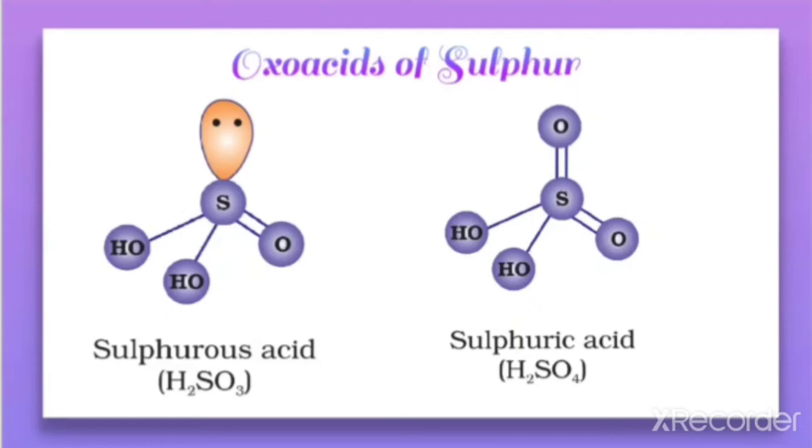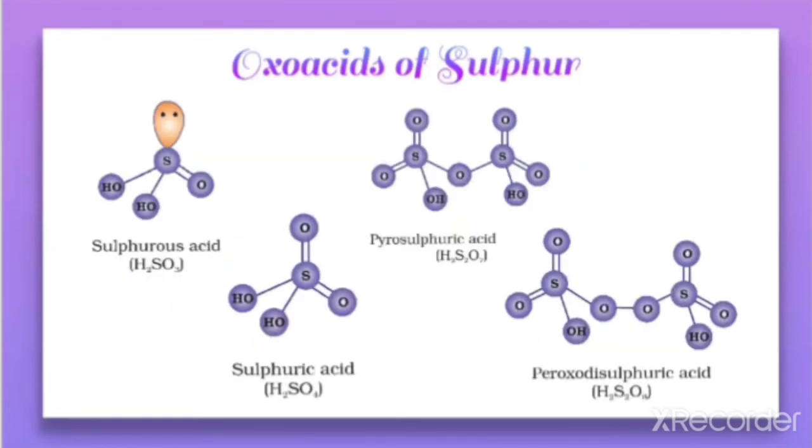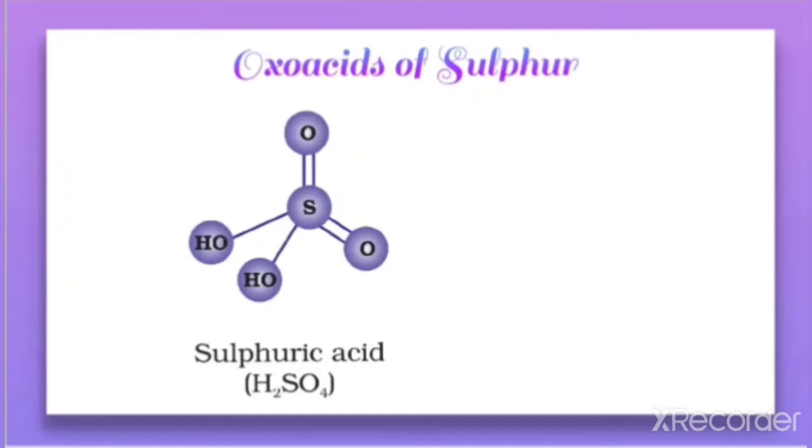Let us discuss how to easily make the structures of pyrosulfuric acid and peroxodisulfuric acid. Once you learn the structure of sulfuric acid, we can easily make the others.